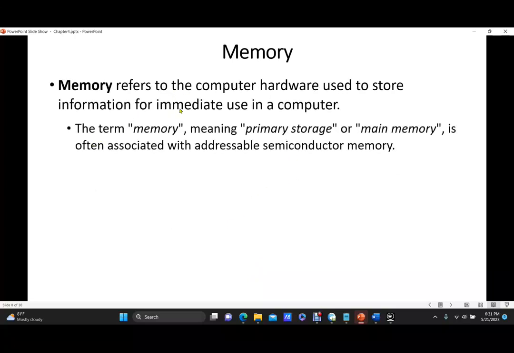Memory refers to the hardware used for storing information for immediate use in the computer. Memory, primary storage, main memory is generally implemented using semiconductors, and the memory is addressable.